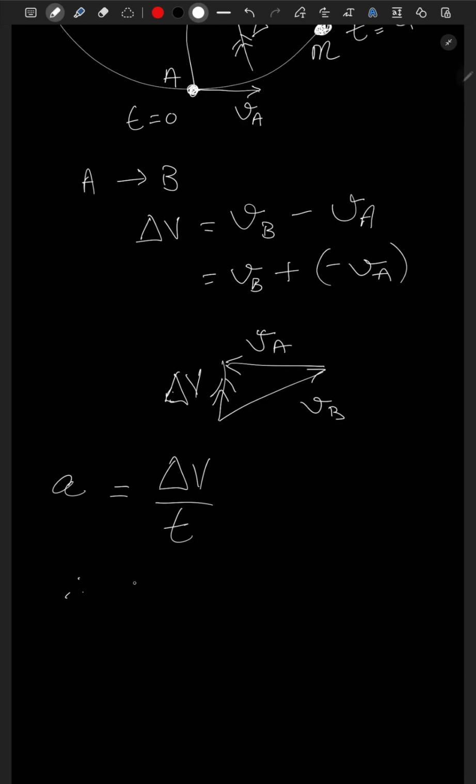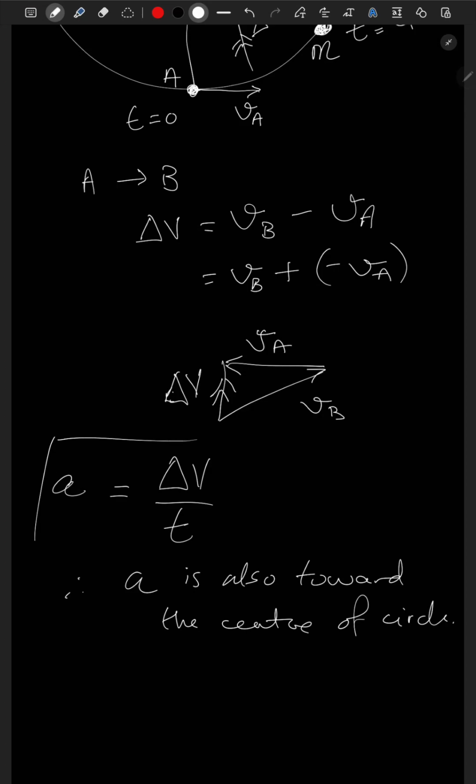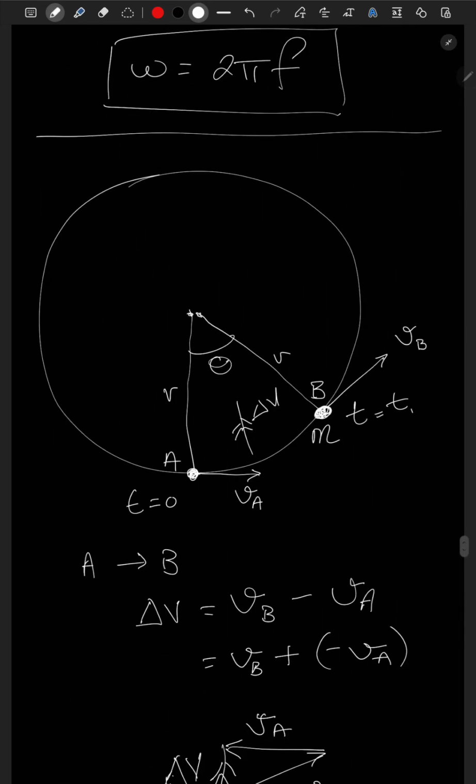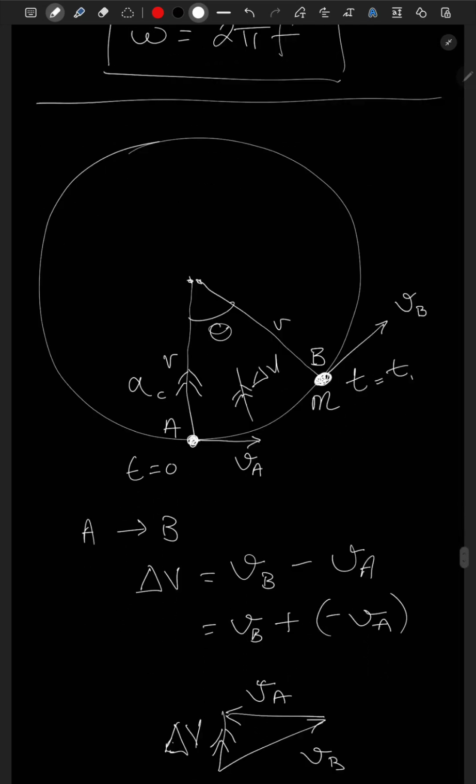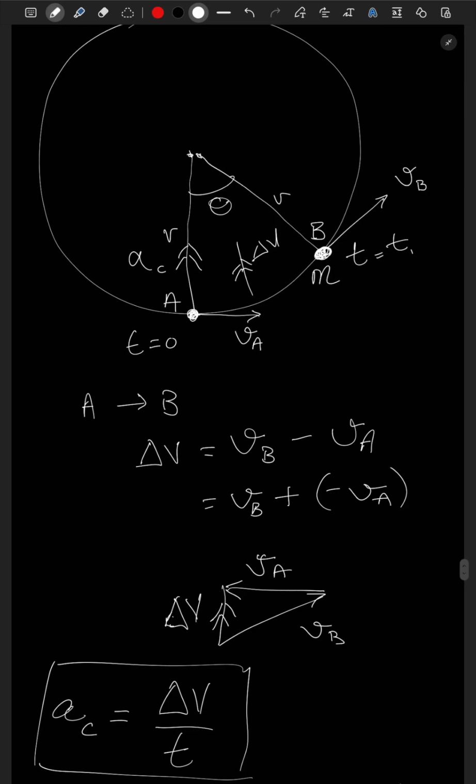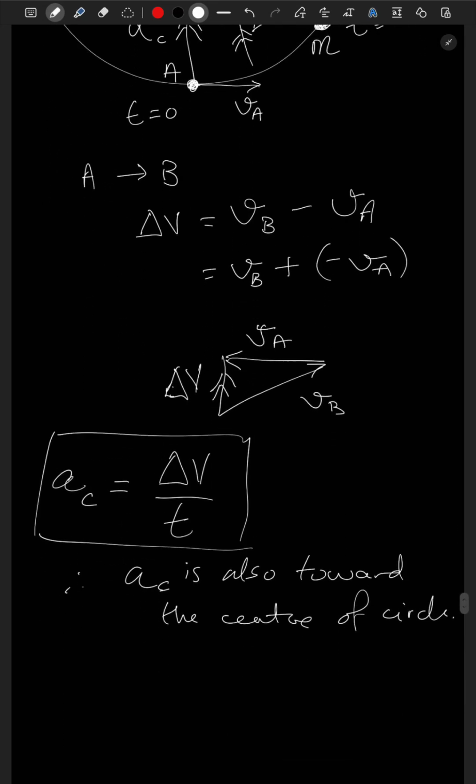Therefore, the acceleration is also towards the center of the circle. So this is called the centripetal acceleration. Let's call it a subscript c over here. So the centripetal acceleration would always be directed towards the center of the circle, because the change in the velocity is towards the center, and therefore the acceleration is towards the center.